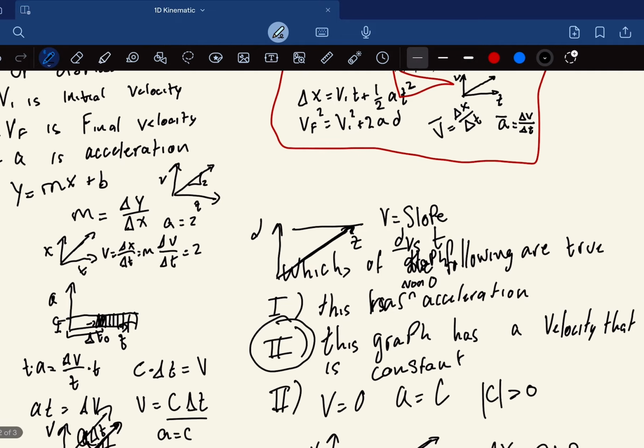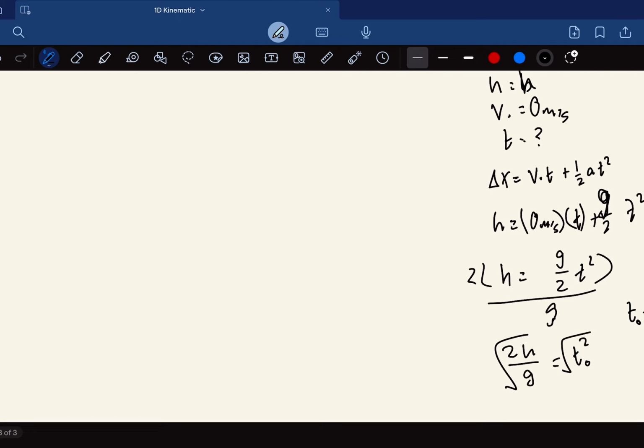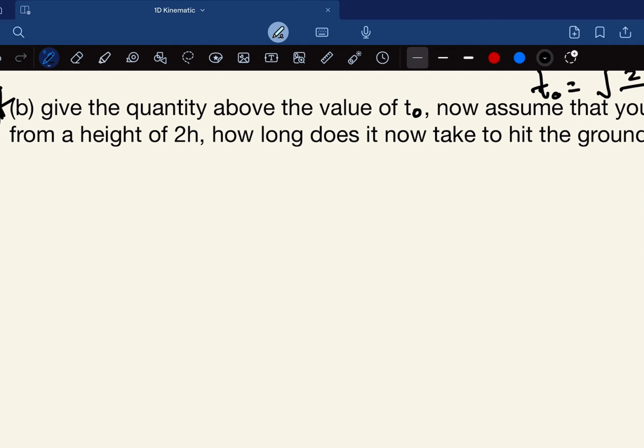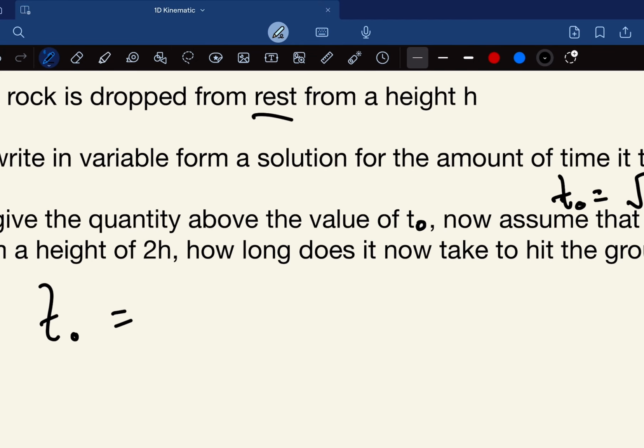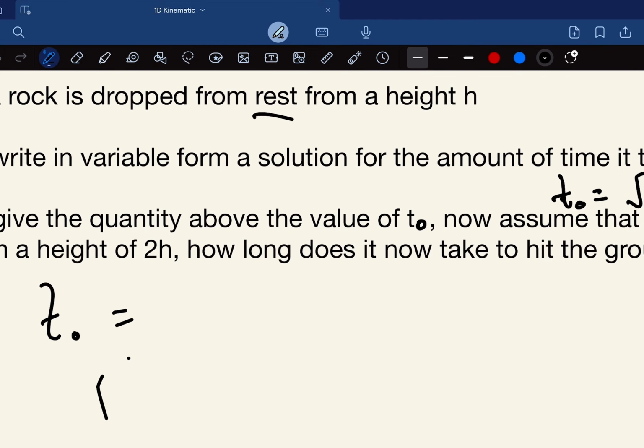Oh, that's not what I went through, that was yesterday's video. T naught equals radical 2h over g. I'll just erase that and make it neat because this is important. Radical 2h over g.